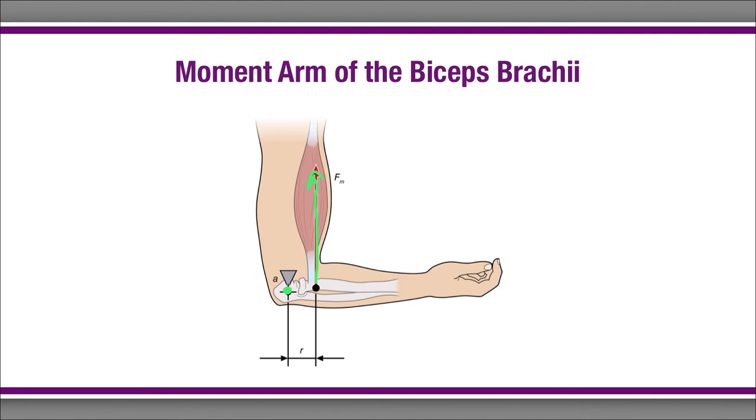So the moment arm here is going to be the distance from the attachment of the bicep to the center of the joint, which is our axis of rotation. When we think about the moment arms of muscles, a lot of times these moment arms are going to be very, very small because our muscle attachments in cases like this are very close to the center of the joint itself.